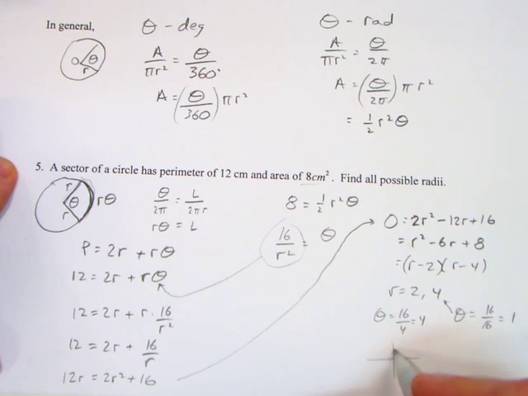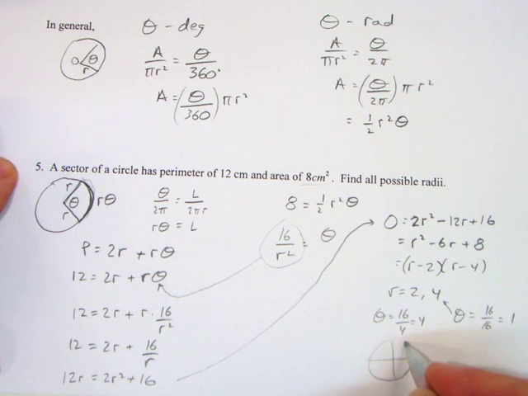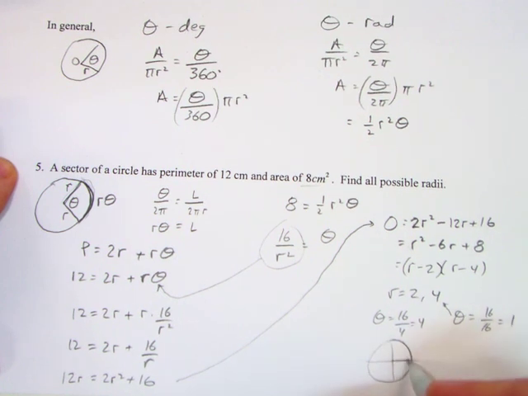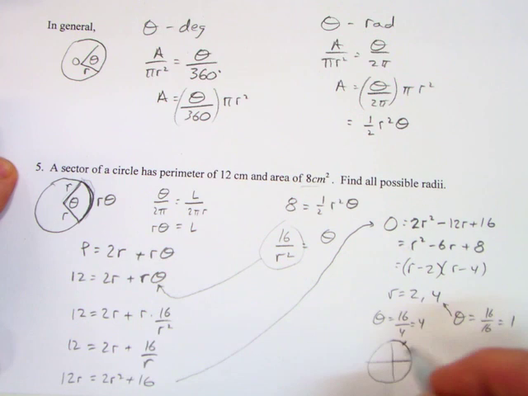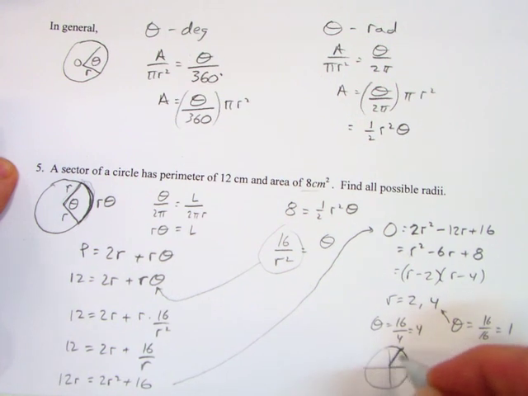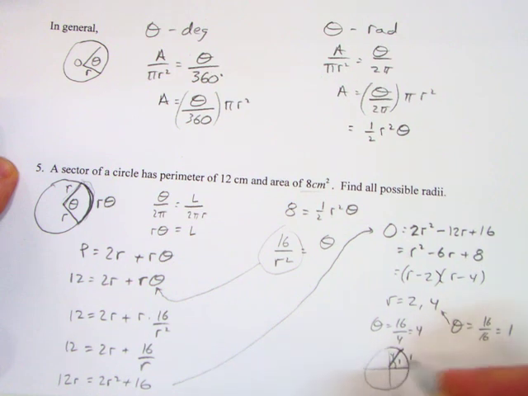What does that look like on a circle? Remember, what is 1 radian? 1 radian is the radius mapped out onto it. So if this had a radius of 4 and we had this angle here, theta of 1, then this whole perimeter would be 12.